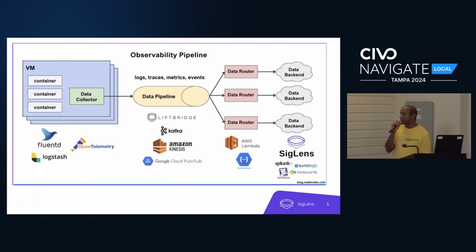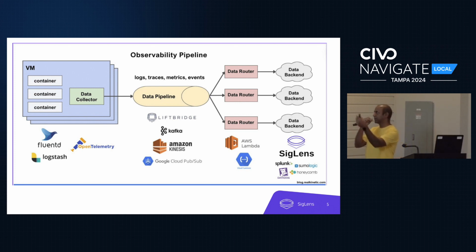So how does an observability pipeline generally look? It's a very high-level view. You will see over here on your left-hand side, you have your containers, your machines, your VMs, and then you have various agents sitting over there like Fluentd, Logstash, Vector, OpenTelemetry that are collecting this data about logs, metrics, and traces.